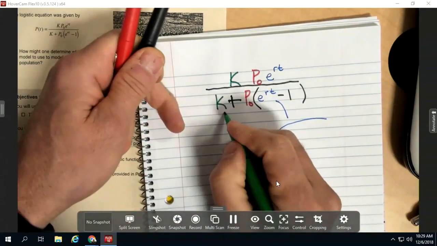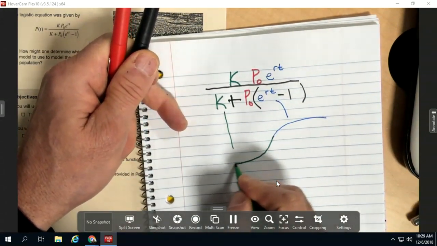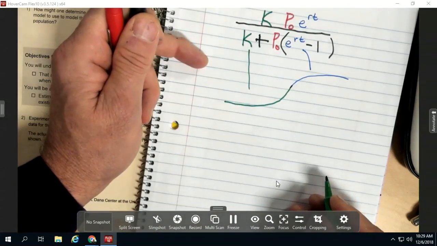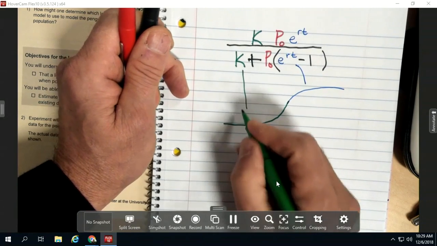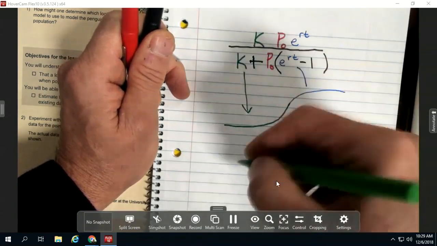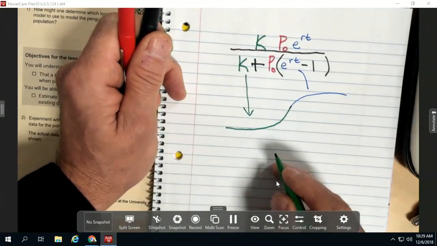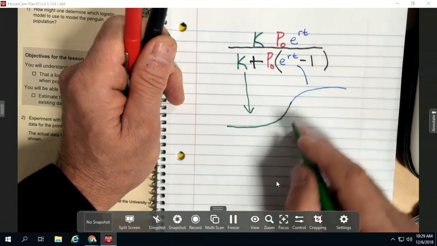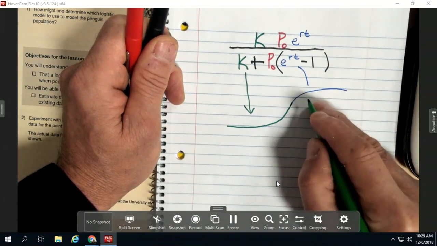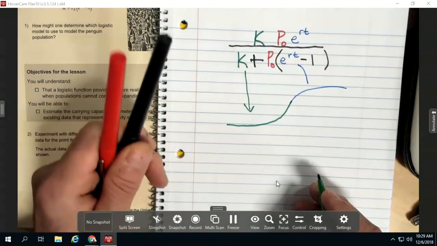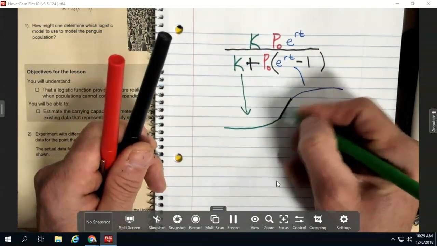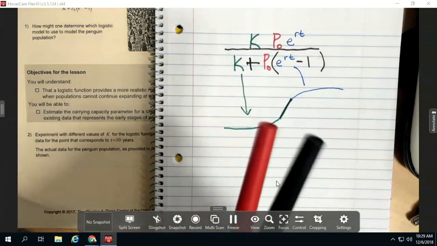This part is causing the curve to speed up. So as k gets bigger, k is affecting this part of the function. The e to the RT is slowing down this part of the function. Actually, the k has to do with just the middle part right here.